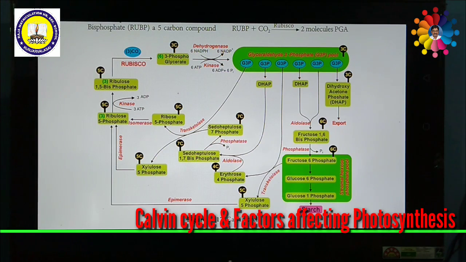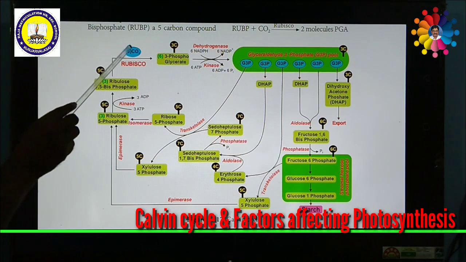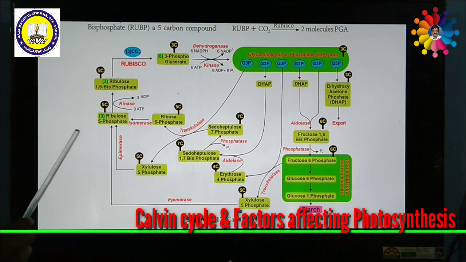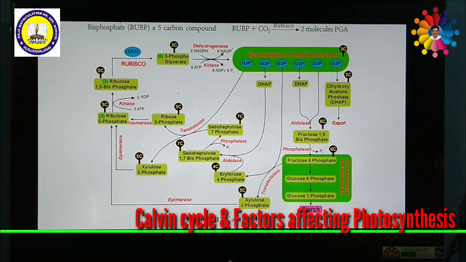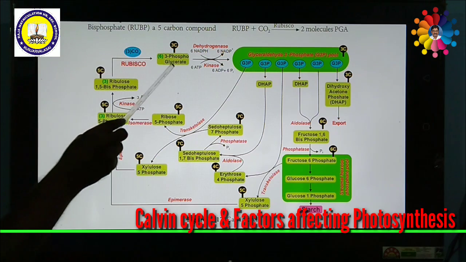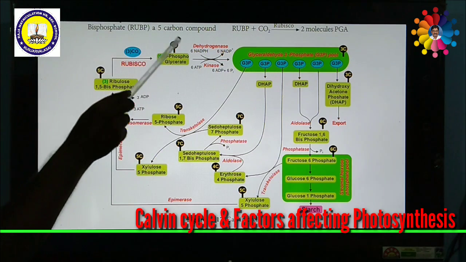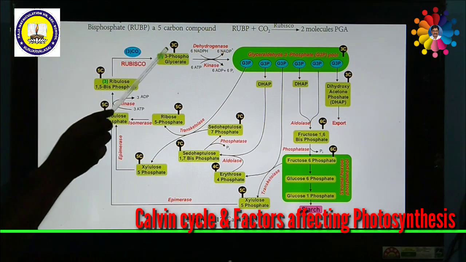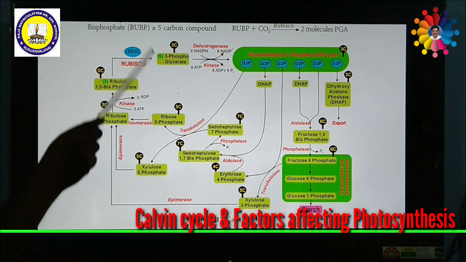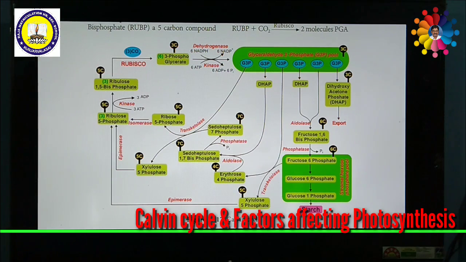This 5-carbon compound fixes the carbon dioxide with the help of an enzyme called RuBisCO to form an unstable 6-carbon compound. Then this unstable 6-carbon compound splits into 2 molecules of 3-carbon compound, phosphoglyceric acid or phosphoglycerate. So this is the first stable product, which is a 3-carbon compound. That is why this is also called the C3 cycle.